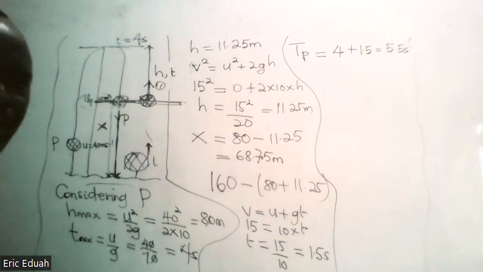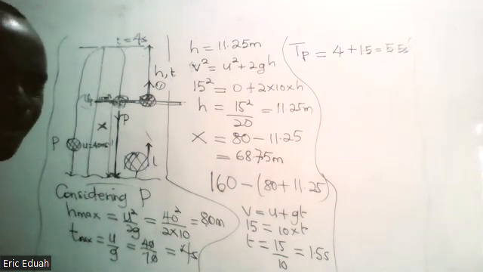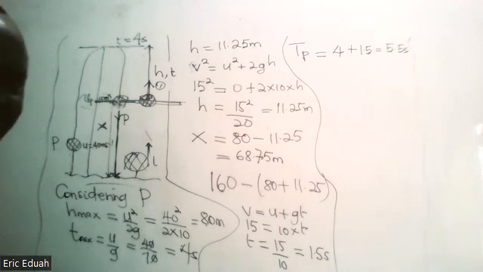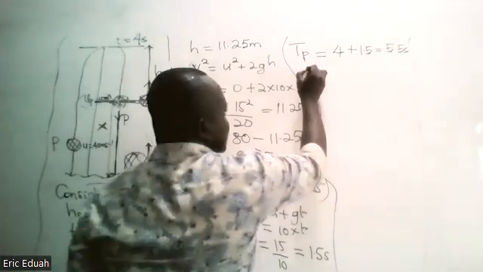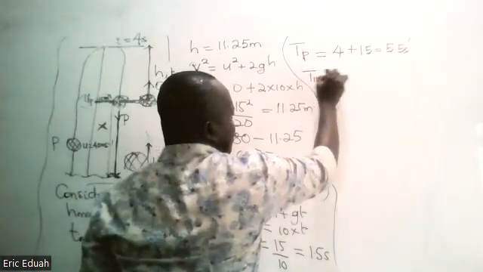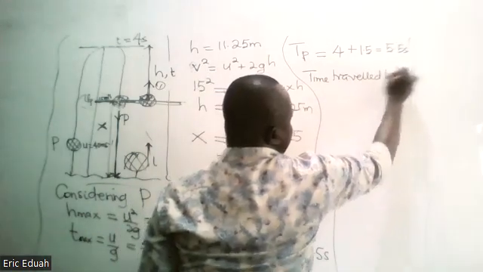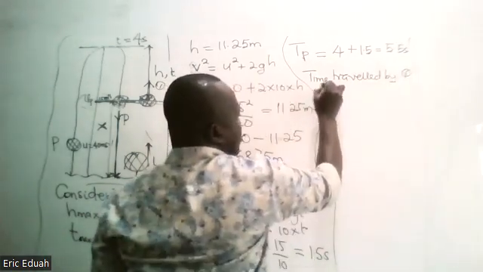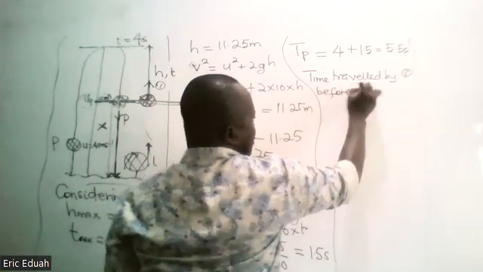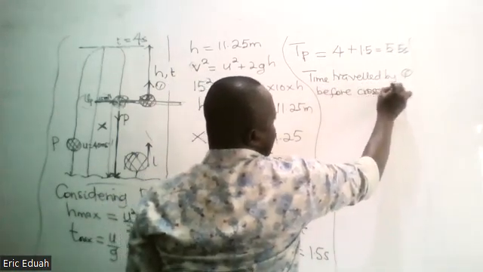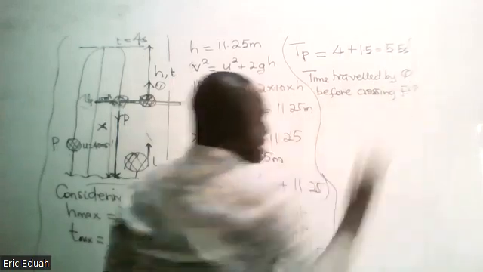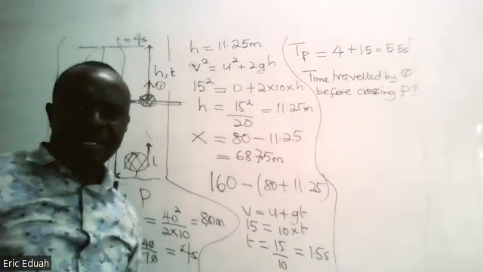What is the time traveled by Q before crossing P? What will be the time here?